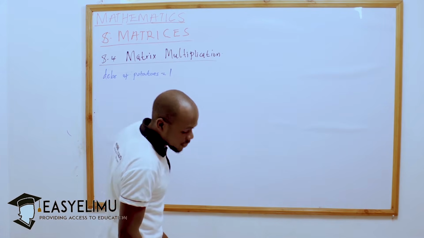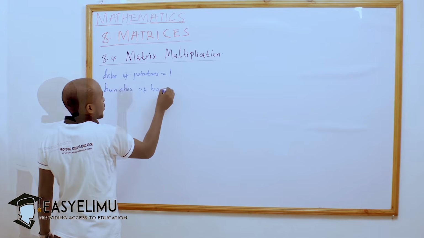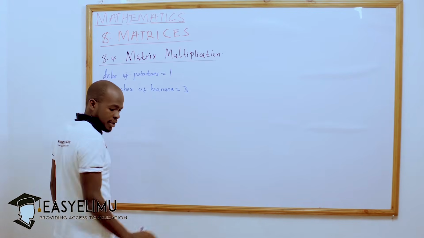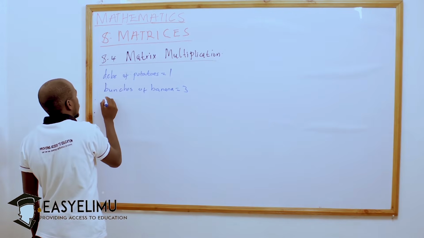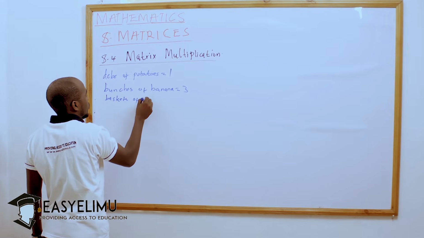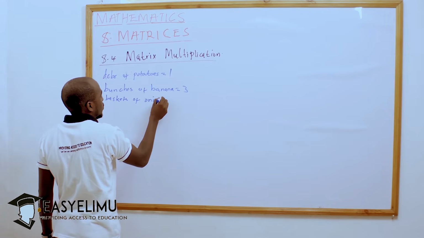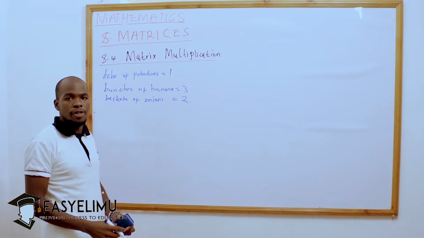Then 3 bunches of bananas. How many baskets of onions? We have 2. We have been told he wanted to buy 2 of them.